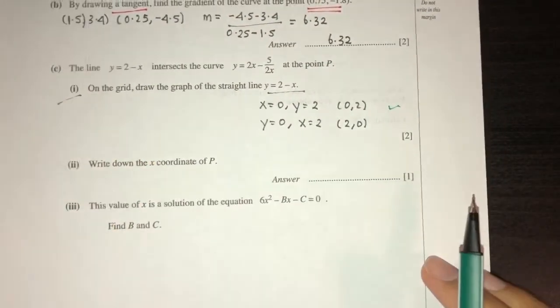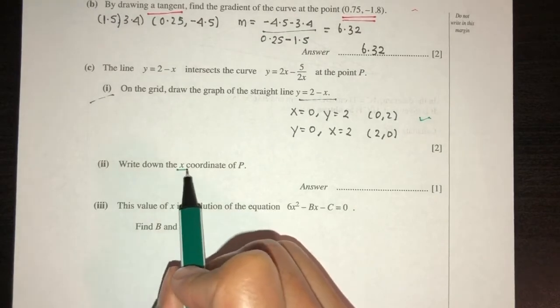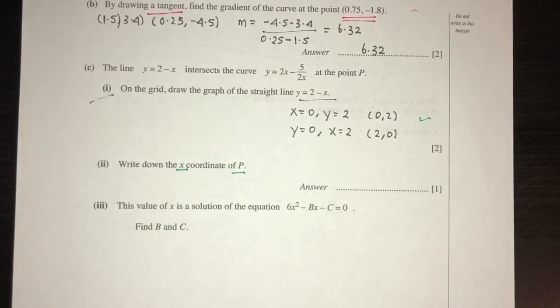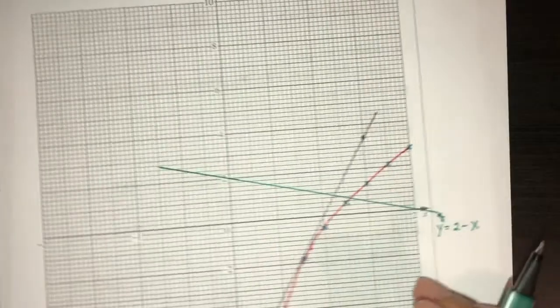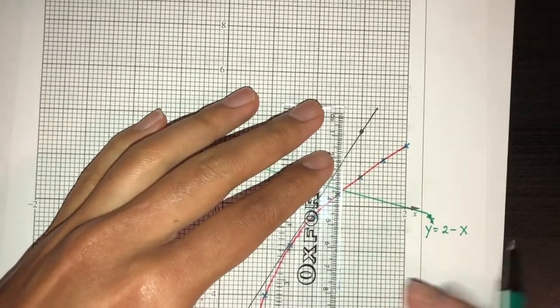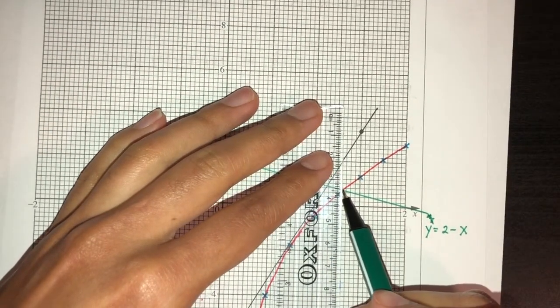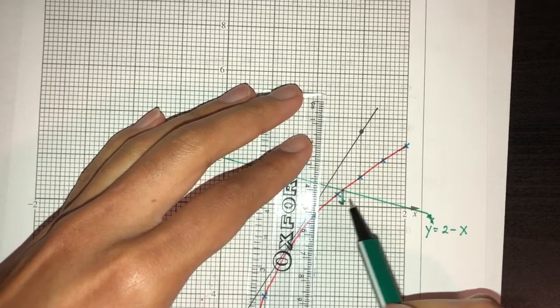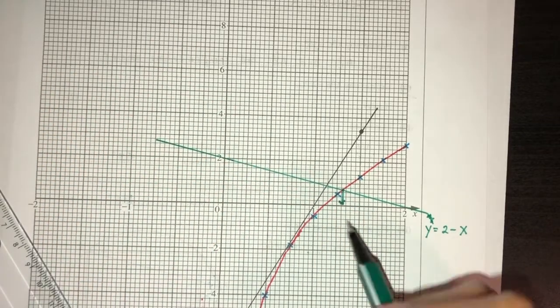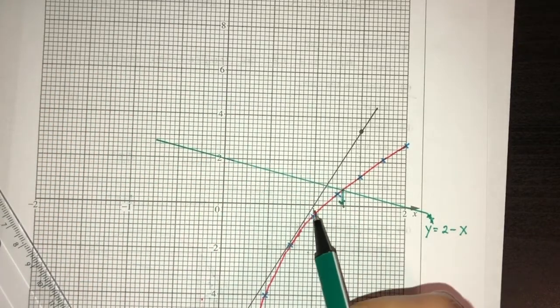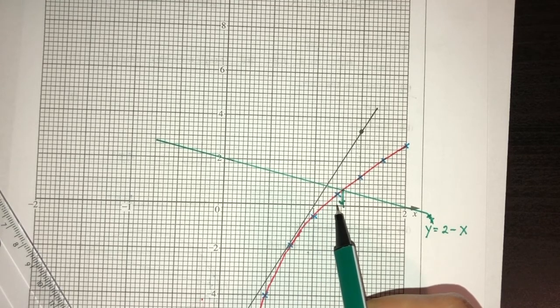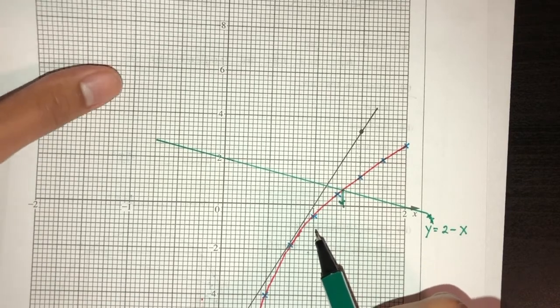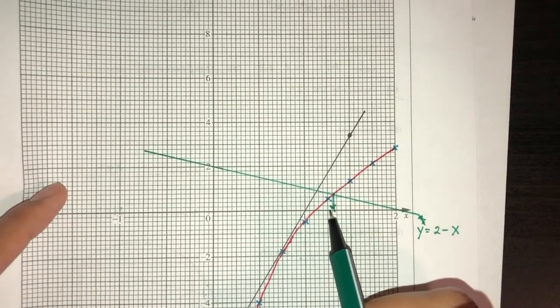Now part 2, we have to write down the x coordinate at the point P. So we have to find out where they meet. According to my graph, it is about this value. So we have to find this value where they meet. So this is 1, 2, 3, 4, 5. That is 1.25 and then 1 square. So 1.25 plus 1 square. What is the value of 1 small square?